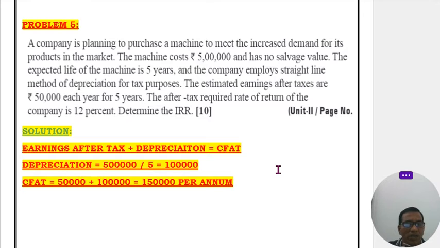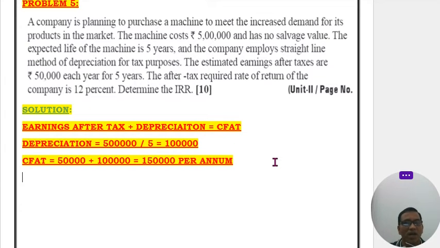Here there is no need to calculate the payback period. Why? Because NPV is already given, and the rate of return is already given. The after-tax required rate of return of the company is 12%.